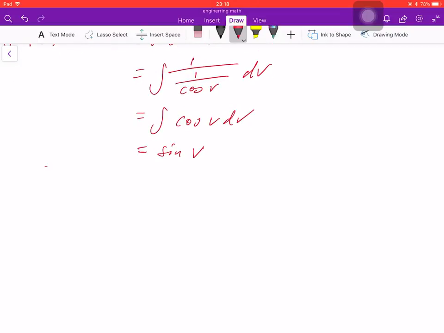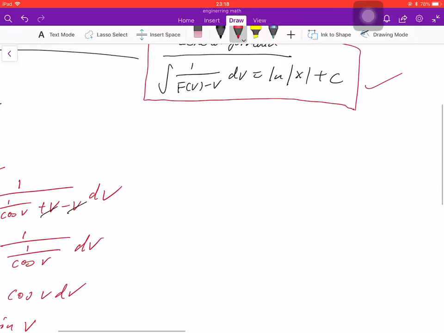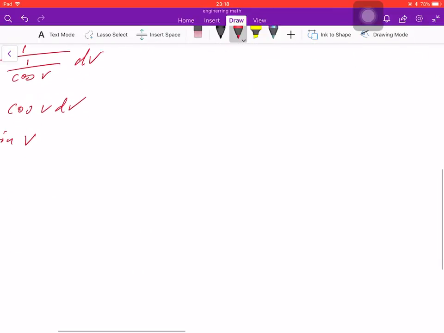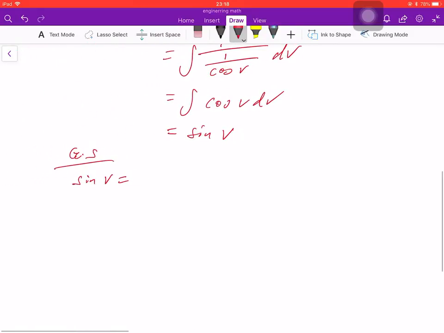Now, the general solution of this differential equation is sine of v, and this is equal to the right hand side over here. So we have the natural log of x plus c. So this is our general solution.